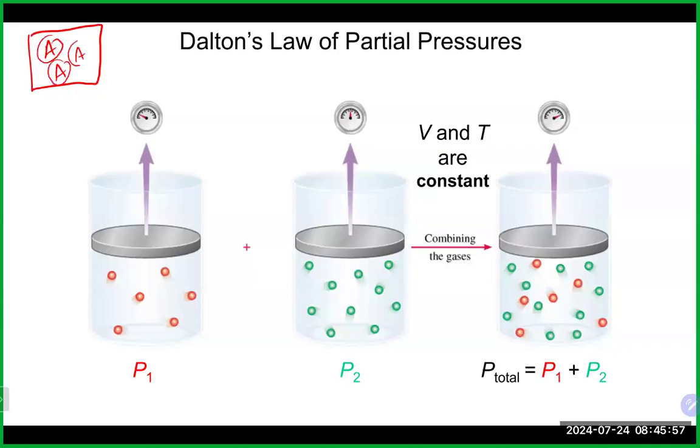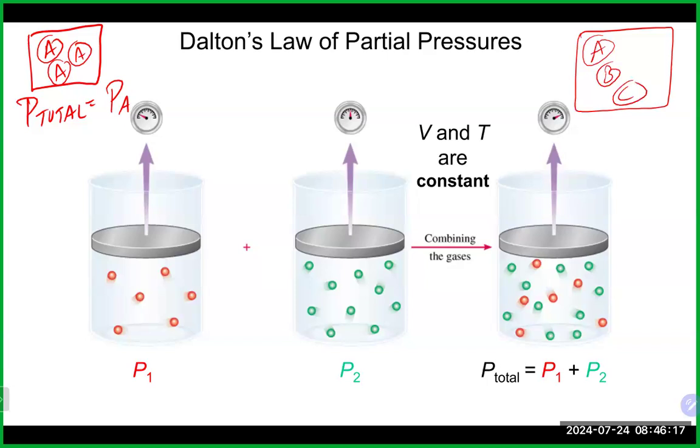So very simply, if we had just a container, for example, that had only gas molecule A flying around in it, the total pressure of that particular container would pretty much equal just the pressure of gas molecule A, as it's the only gas flying around. Now, if we had a mixture of gases in a container, say we had gas molecule A, B, C, and that's all the alphabet I remember, but we have all these guys flying around, and they each are really going to contribute to the overall pressure of that particular container.